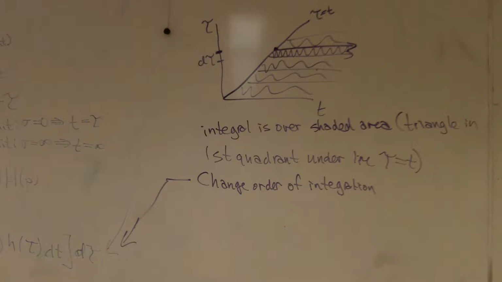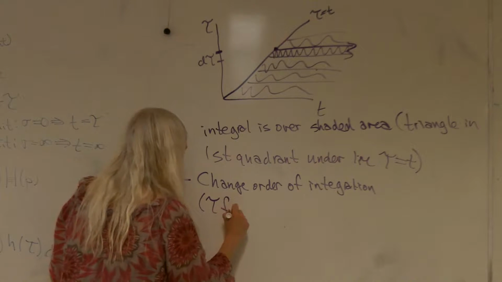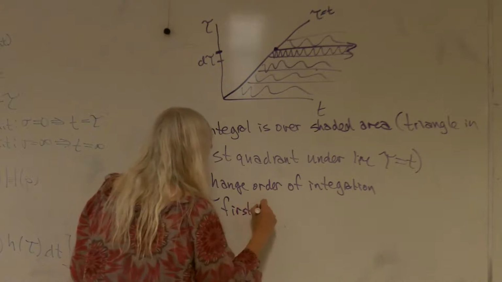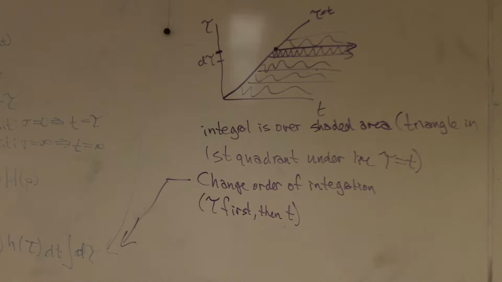Do the tau integral first and then the t integral afterwards. But when we do so, we need to be careful that we are integrating over the same region in that tau t plane that we were originally. So in other words, we have to be careful about the limits when we do this order of integration.